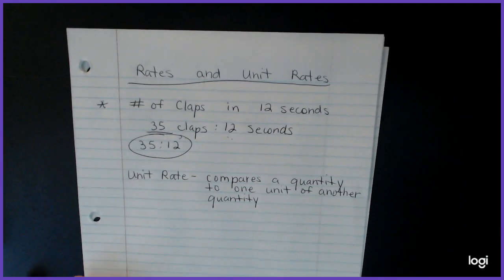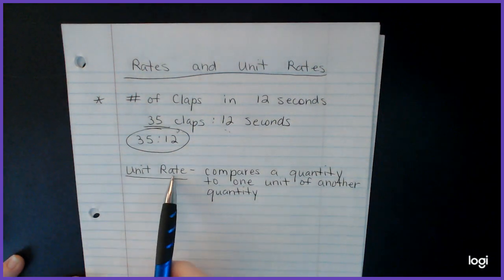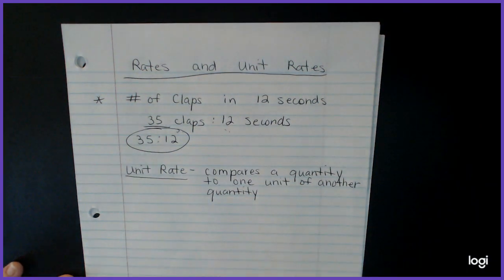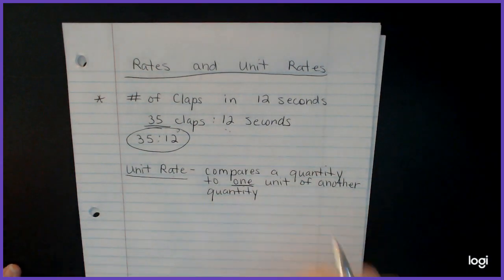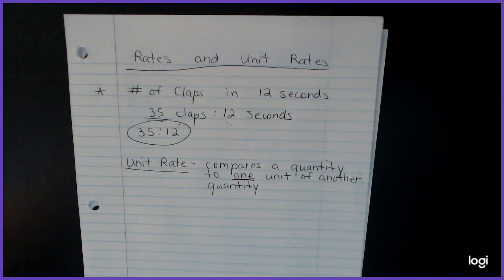All right, so the first thing I'd like for you to write in your notes is what a unit rate is. A unit rate compares a quantity to 1 unit of another quantity. So let's go ahead and write that in our notes so we can make sure we understand what a unit rate is.